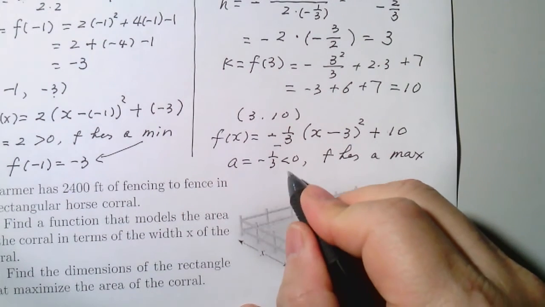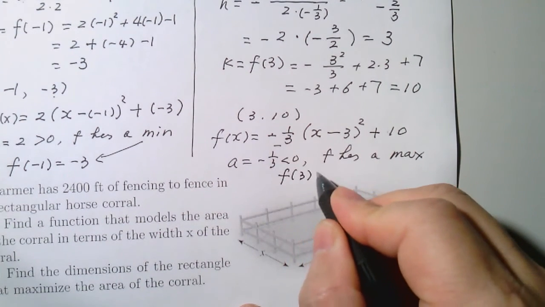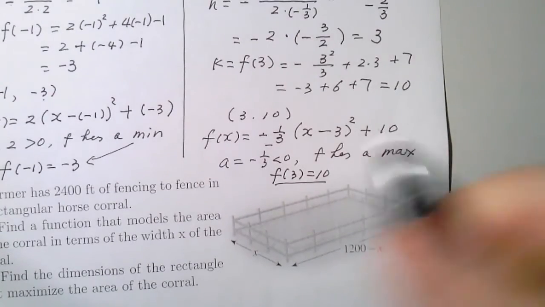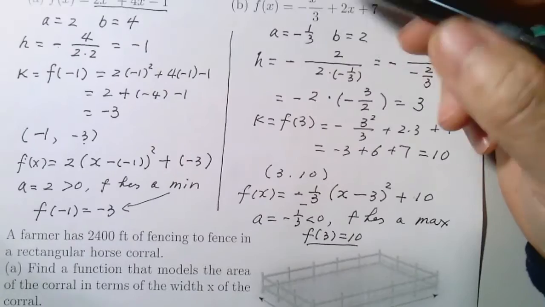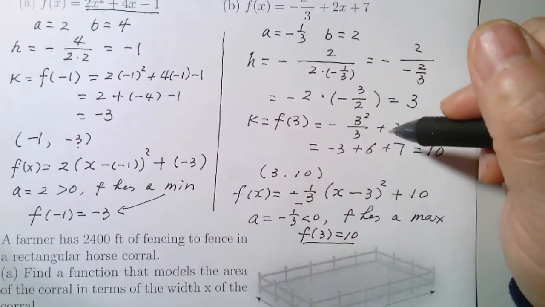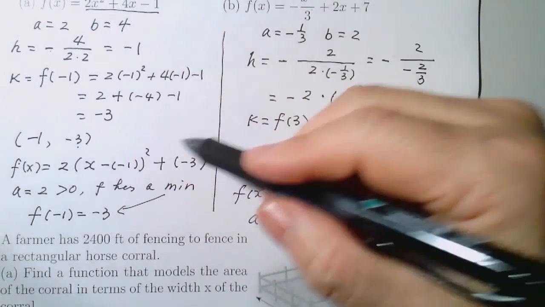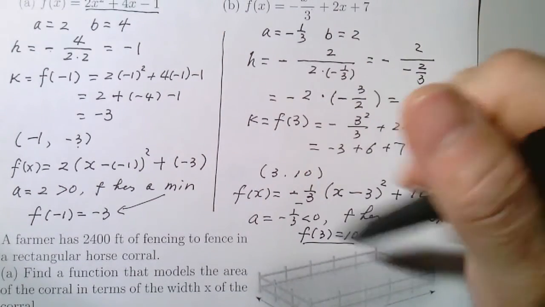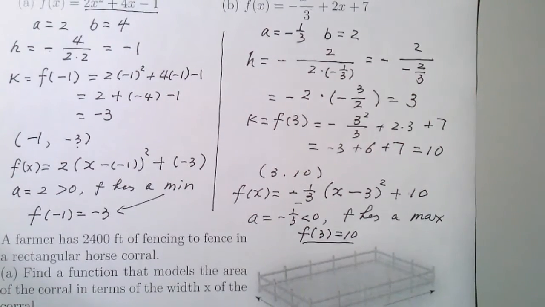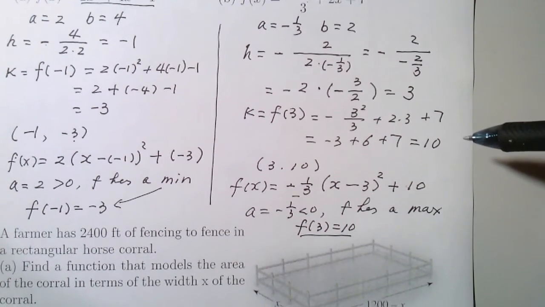So that maximum is f of 3 equals 10. We don't have to use the completing the square process, and we can write the standard form and also identify the vertex and the minimum or maximum.